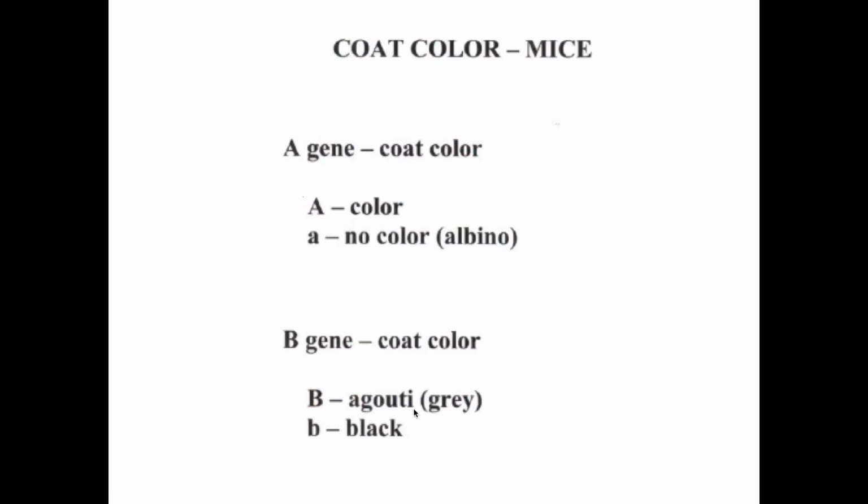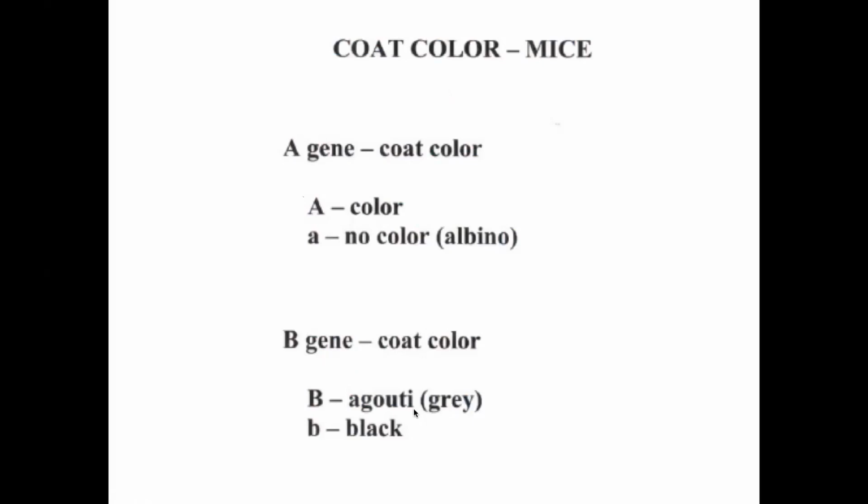Okay, the big A is dominant to the little a, the big B is dominant to the little b. And another component of the model is the idea of independent assortment.